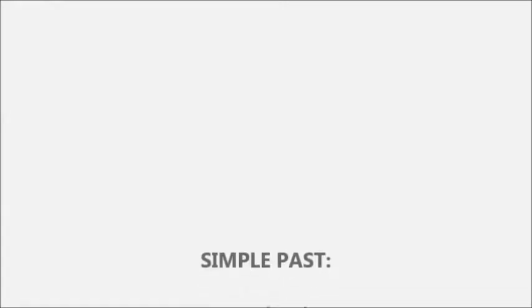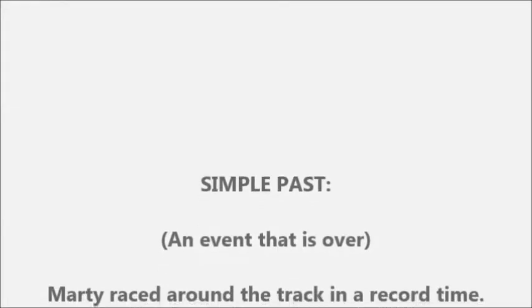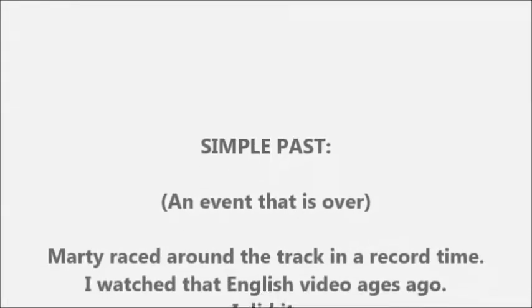And we're going to be seeing some examples. In fact, we're going to be seeing examples of every single one of them, and more besides. Now, the simple past, that is an event that is over, okay?